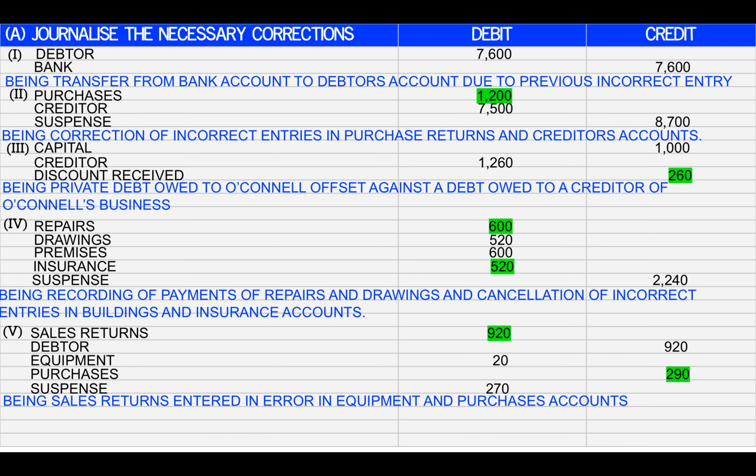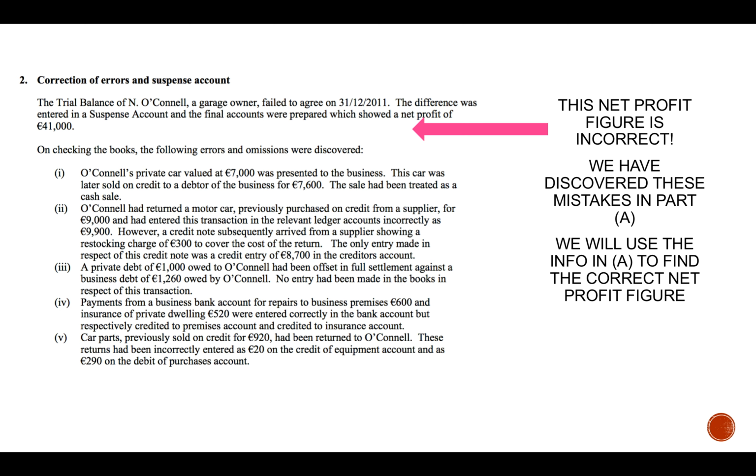Okay, so I've now got 1, 2, 3, 4, 5, 6 figures from the TPL that need to go into the statement of corrected net profit. So let's start that now. Back to the question, the difference was entered in a suspense account and the final accounts were prepared which showed a net profit of 41,000. Remember, this net profit is incorrect because of the mistakes that belong in the TPL.